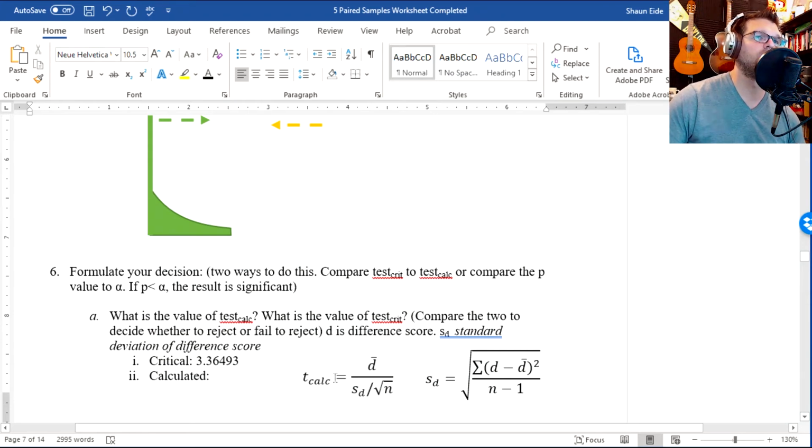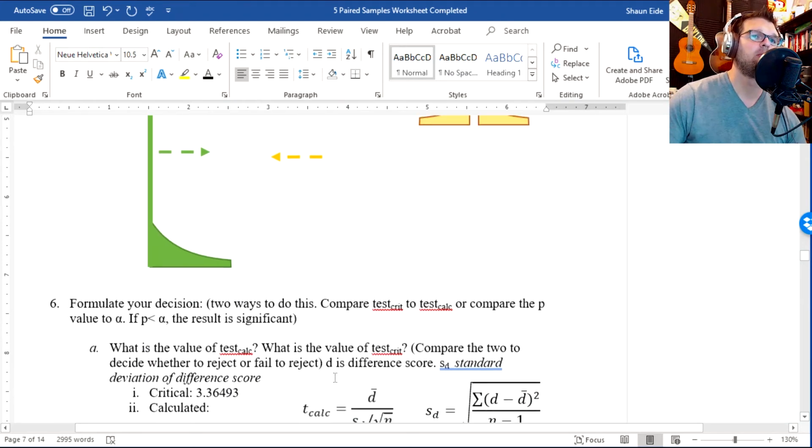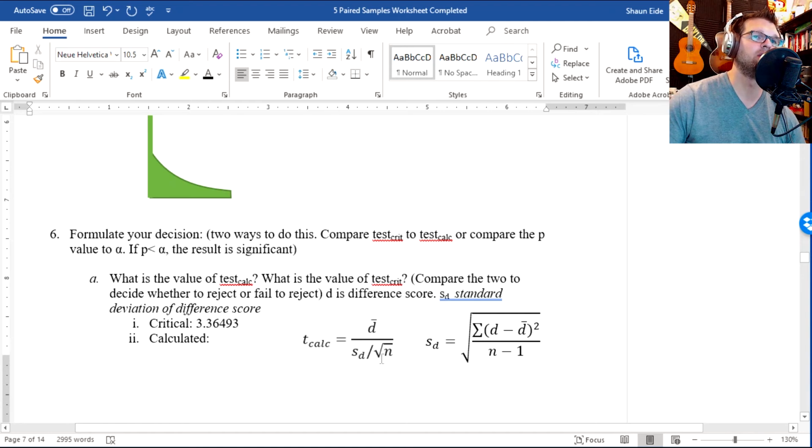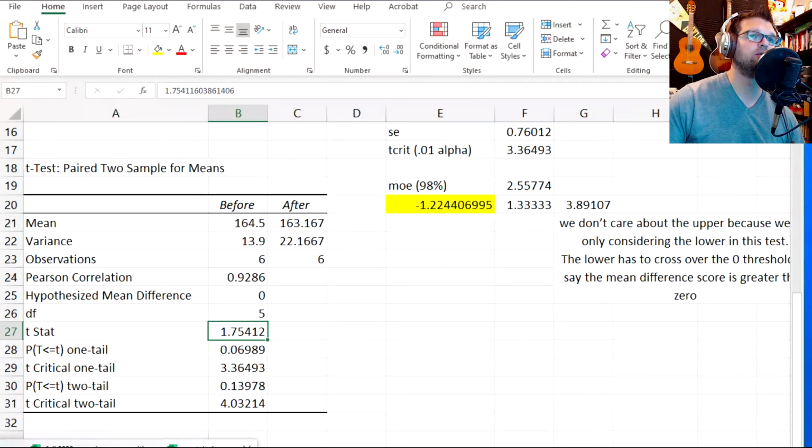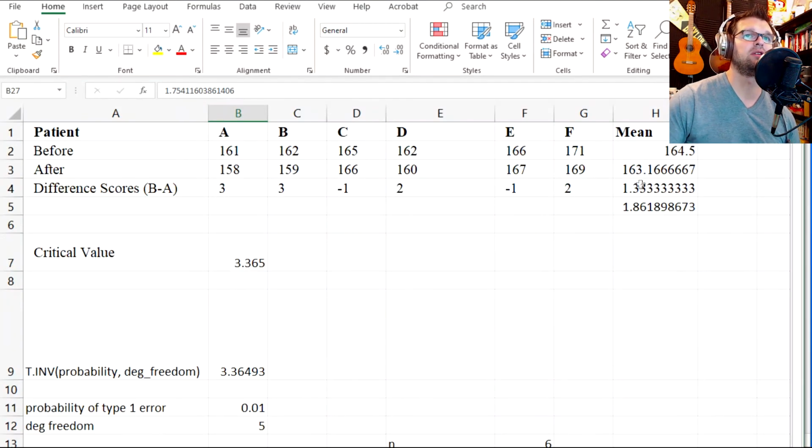You can also calculate t-calc by hand by taking the mean difference score and dividing it by the standard error. So let me show you how to do that really quick. We've got the mean difference score, which is right there. And then we've got the standard error.